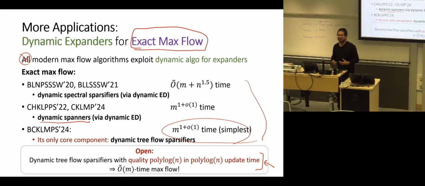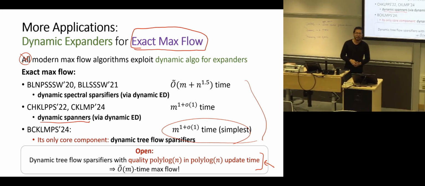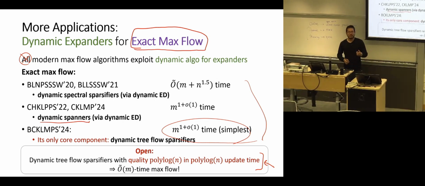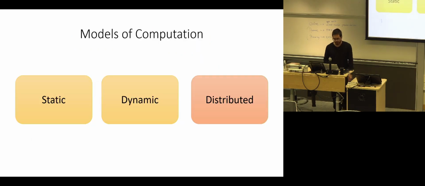That's kind of expected, because what's the point of a dynamic data structure? Usually it's just used as a subroutine inside a static algorithm.